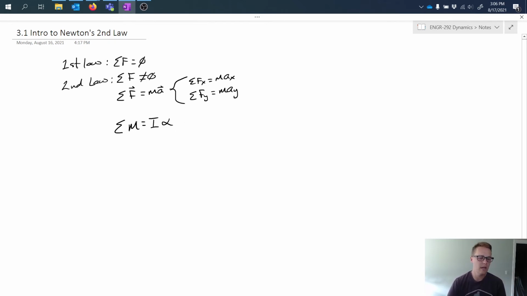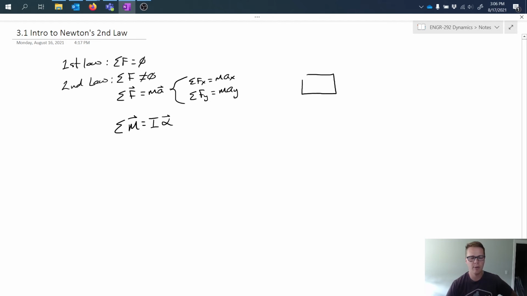And again, these are also vector components, meaning that they have directionality associated with them, and we can rotate about different axes and break those up into those components. But the net result is that we have lots of different things to potentially consider, and it all depends on how our forces are acting on the body.